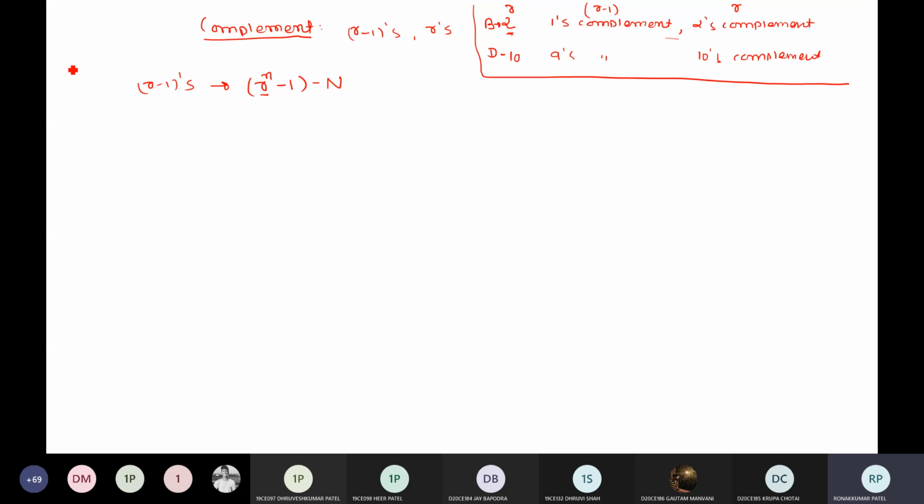So if I take binary, 1010 base 2, and I want the r minus 1 complement, means 1's complement of this number, then using this equation, r is 2. Small n is the number of digits in this number, means 1 2 3 4. So 2 raised to 4 minus 1 minus N, means your number, that is 1010.